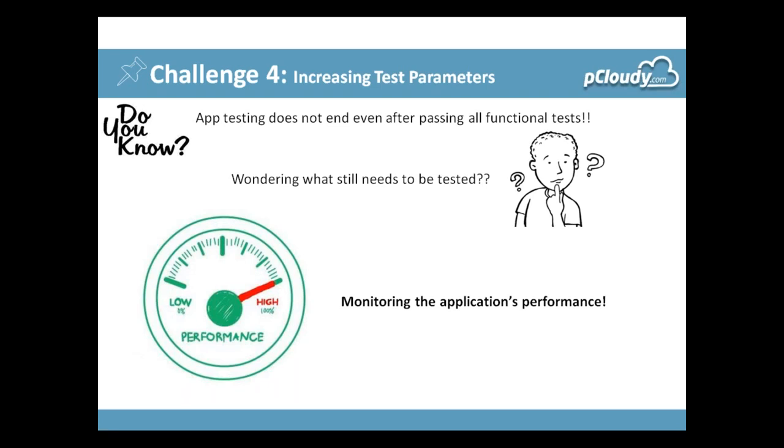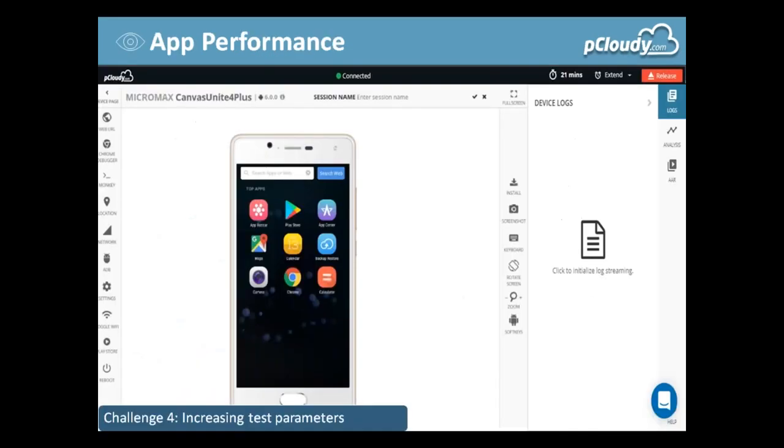And as part of pCloudy, again, we provide you a single click option to track the performance of the application when you are doing testing on a device. I'm talking about the analysis tab here on the right side of the screen.